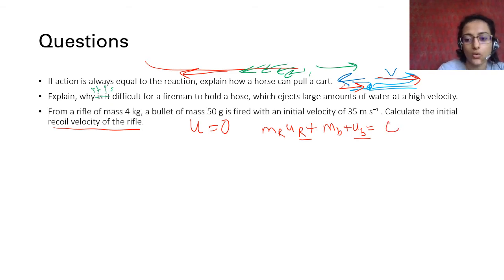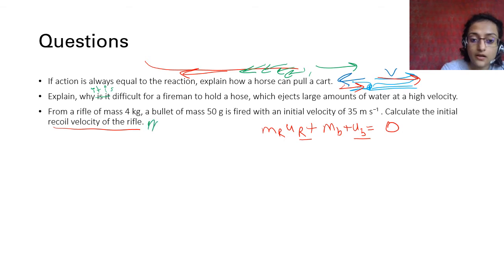So we get 0. So the initial momentum of rifle and bullet is 0, right? Then we have the final, here it says initial, but we are going to talk about the final velocity here. So the final momentum after it is fired, what is the velocity, what is the momentum?